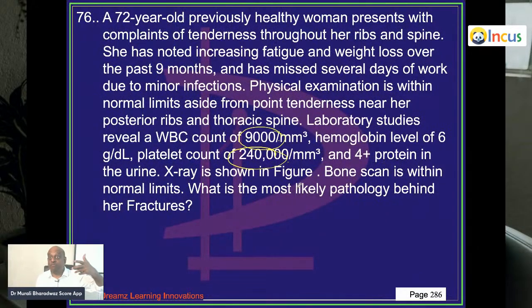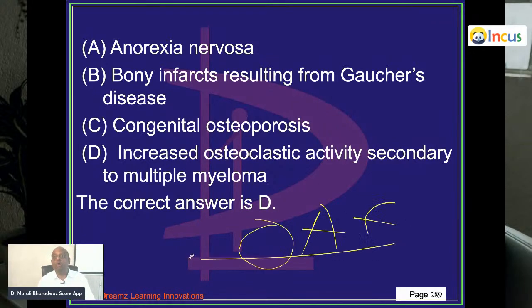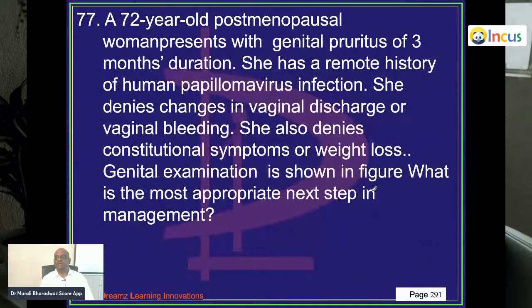And 4+ proteinuria is there. Right? Multiple myeloma. And typically, multiple myeloma is because of increased osteoclastic activity because of the production of OAF. Osteoclast activating factor is what you need to remember.